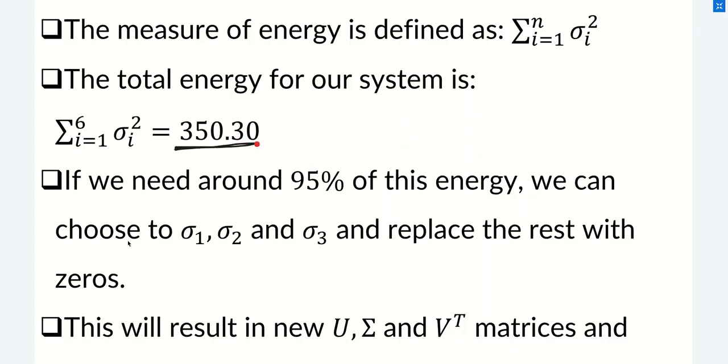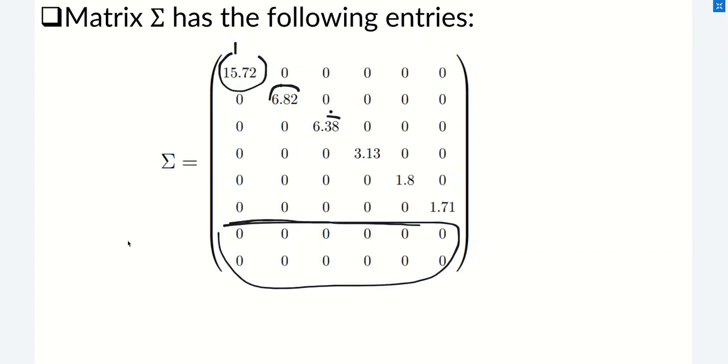Now, if you need about 95% of this energy, it means the first three can provide that, and we can leave the rest. The total energy we had was 350 point something.